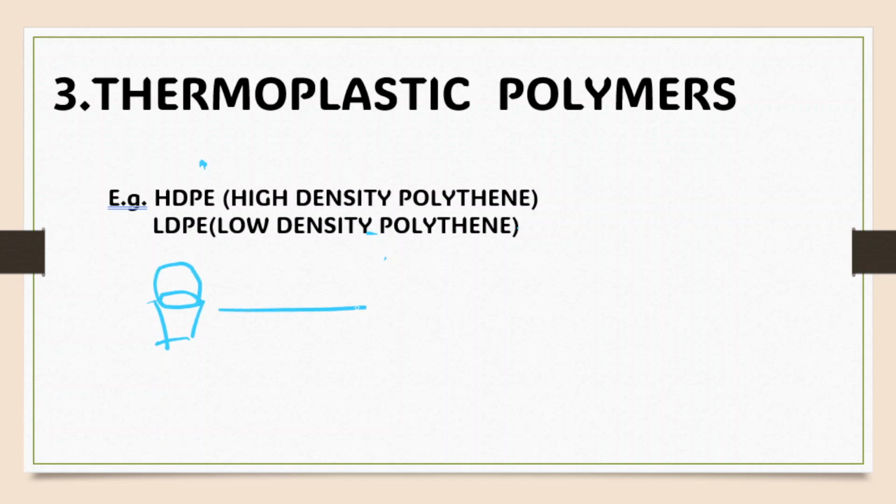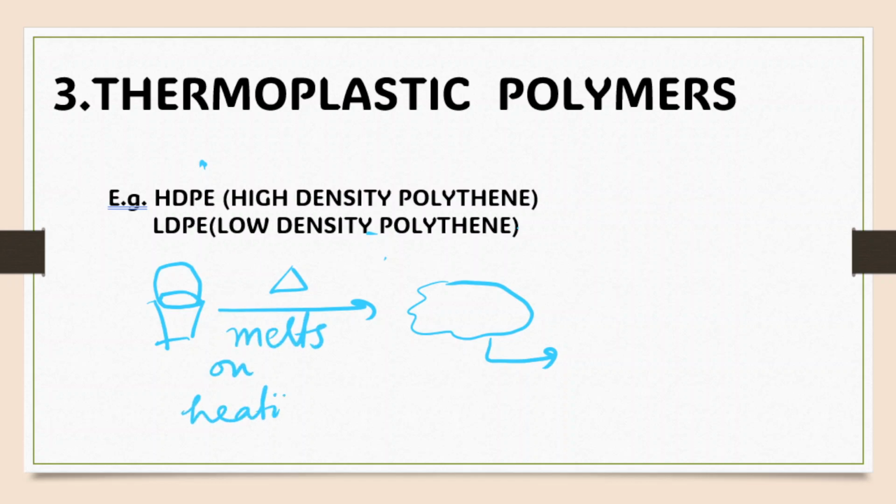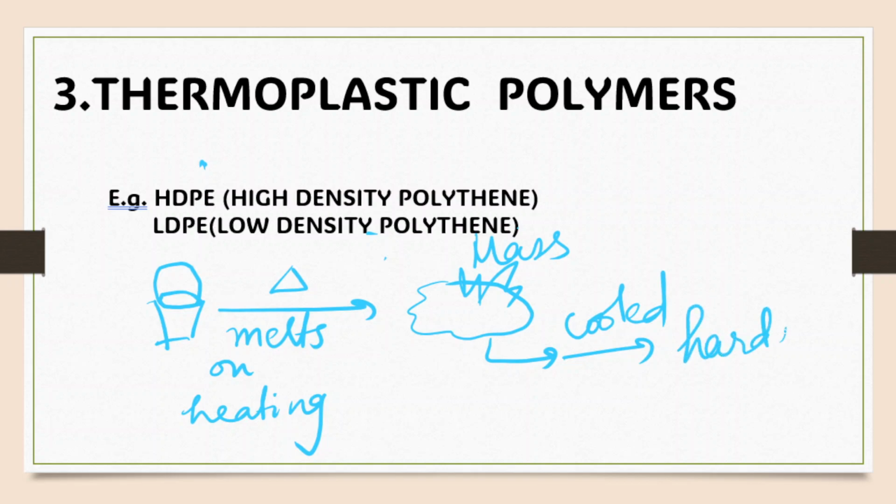We all know that if a plastic bucket is heated, the symbol is of heat, it will become a solid mass, and it solidifies on cooling, it melts on heating, and hardens on cooling. If this mass is cooled, it becomes hardened. This is the speciality of thermoplastic polymers.